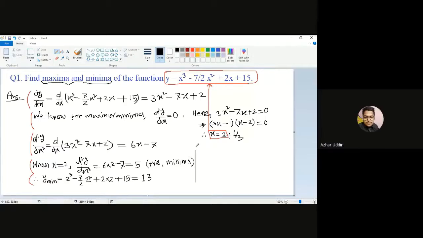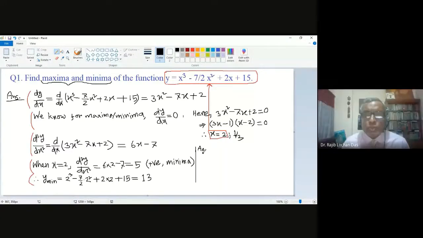So you will calculate this again: d2y by dx2, that is the second derivative, is actually 6x minus 7. So you will write 6 into 1 by 3 minus 7, so it is minus 5, so it is a negative answer.